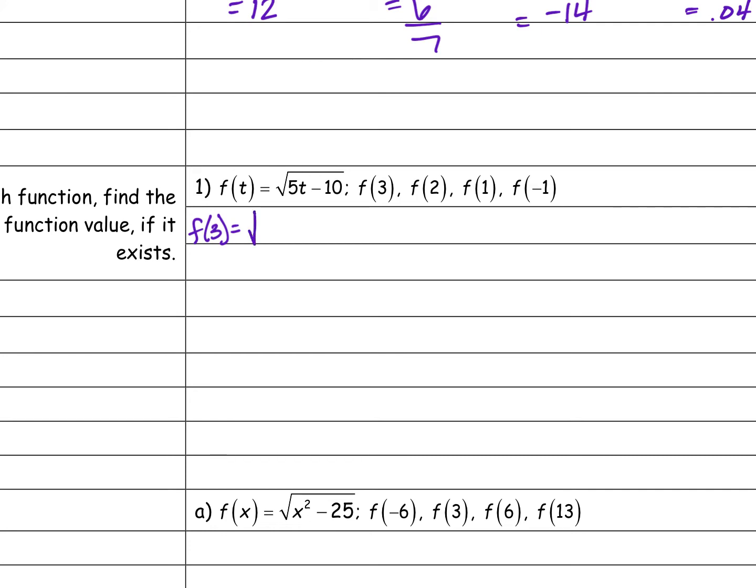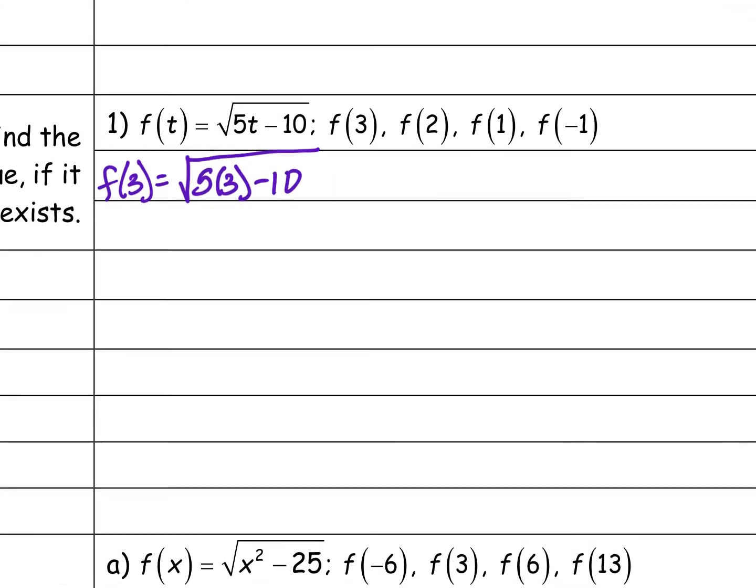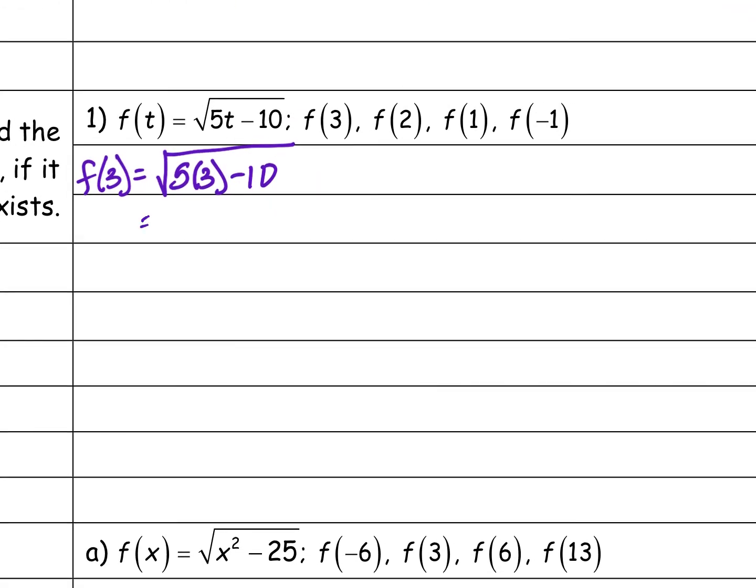So I'm going to have the square root of 5 times 3 minus 10. So I should get the square root of 15 minus 10, which equals the square root of 5. I think that's correct.